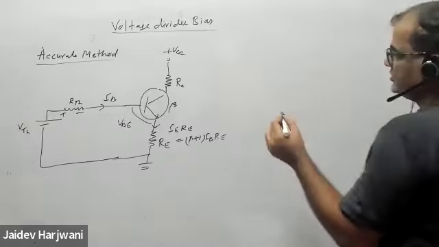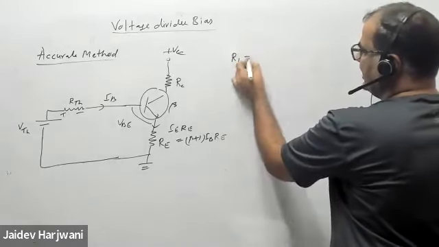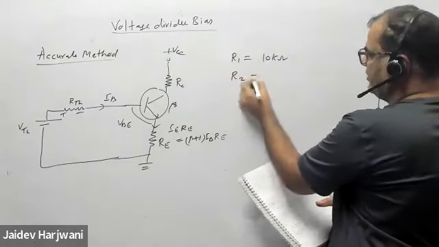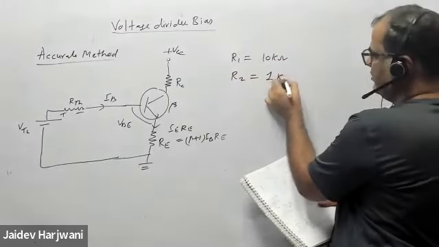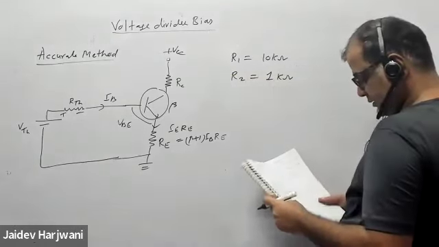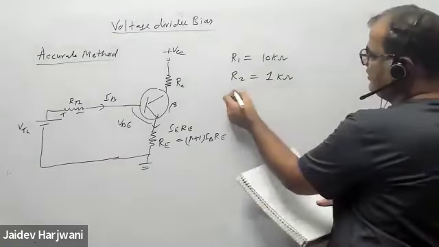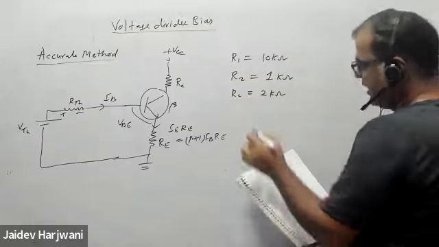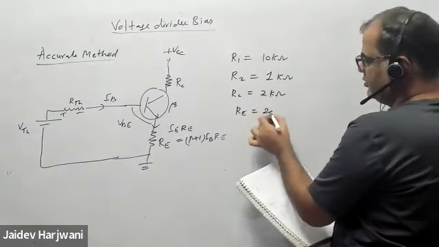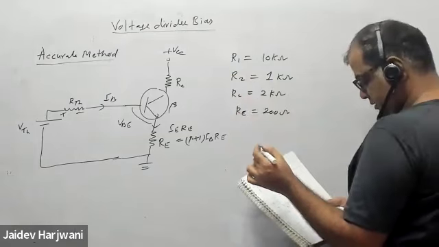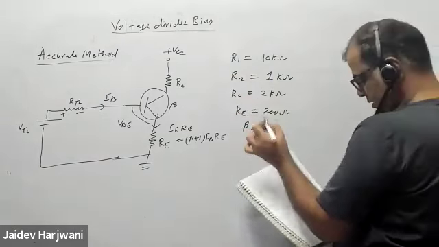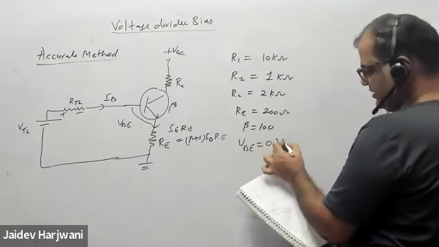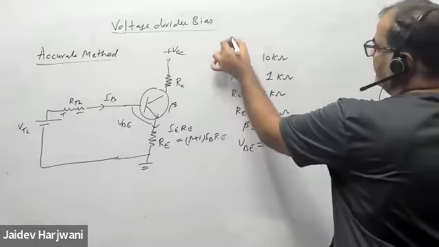And now if the question says the R1 value is 10 kilo ohm, R2 value is 1 kilo ohm, okay, RC value is 2 kilo ohm, RE is 200 ohm, beta is 100, and VBE is given 0.3 volt, VCC is given 10 volt.